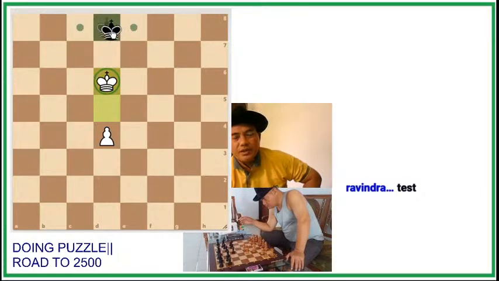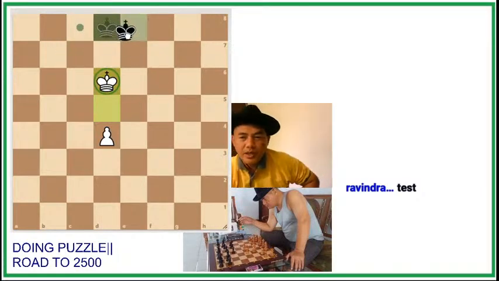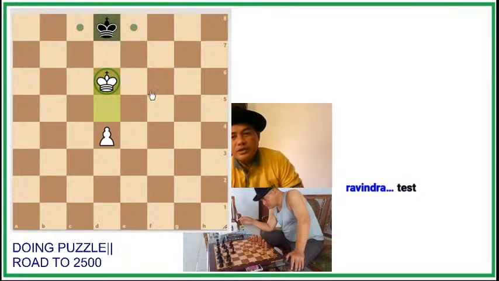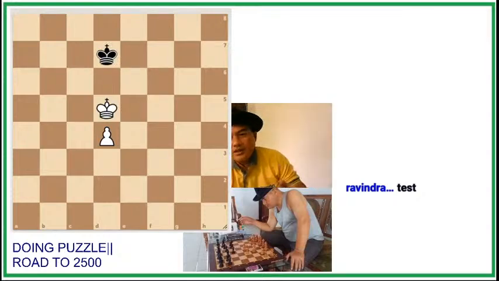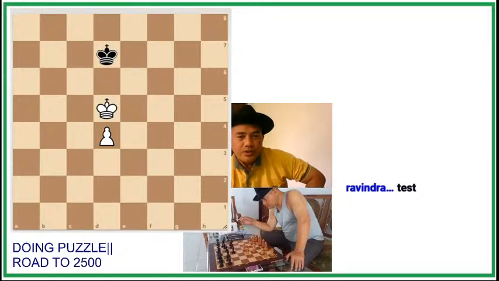Wherever you put the black king, it's a win for white. So maybe I will show you, because that is the reason why they call this a key square or the critical square. The key square or the critical square is a square that when you occupy it, it will assure the win.